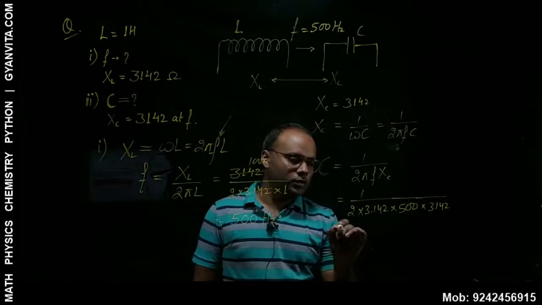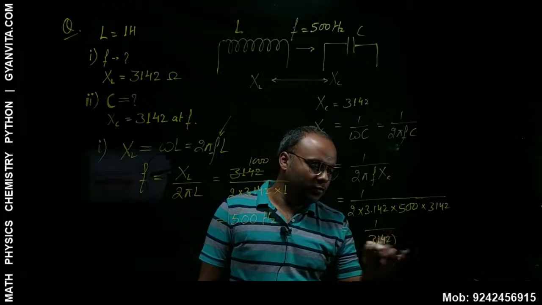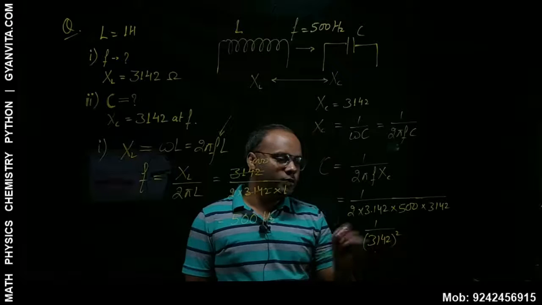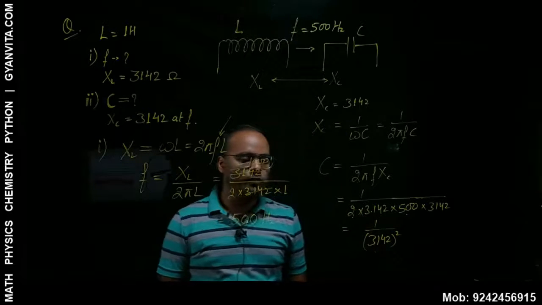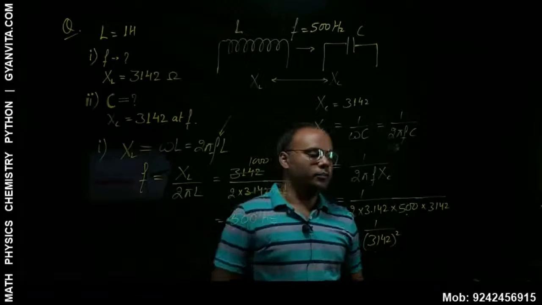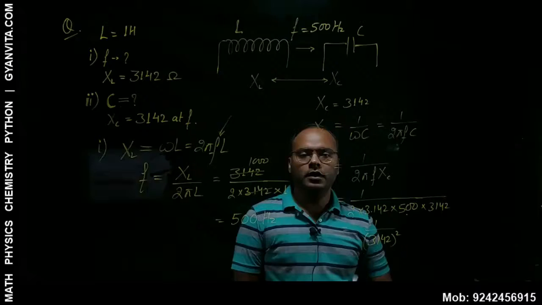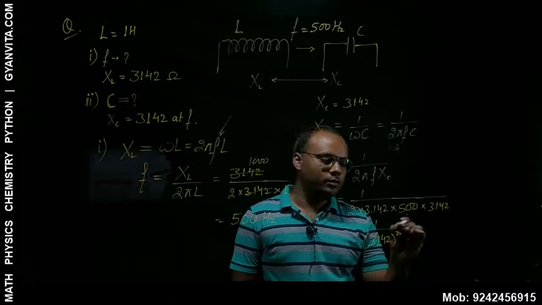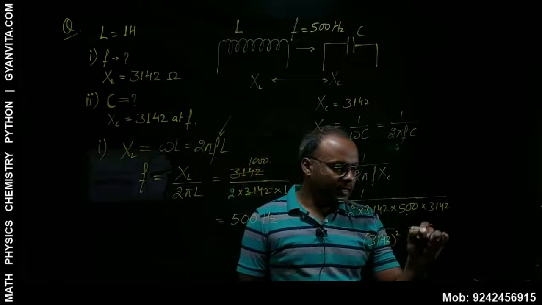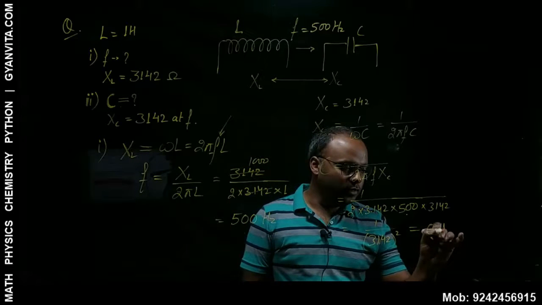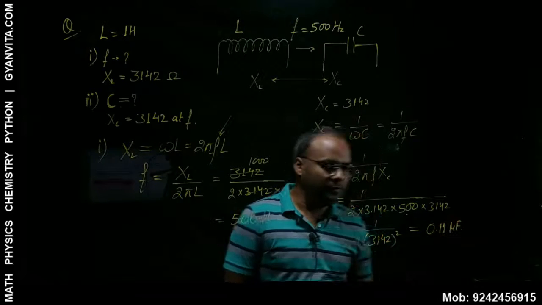So this is nothing but 1 by 3142 square, because 2 into 500 is 1000, and that into 3.142 will be 3142. So this will be 1 by 3142 whole square. Right? So this will be your answer. If you calculate this, it comes out to be 0.11 microfarad.